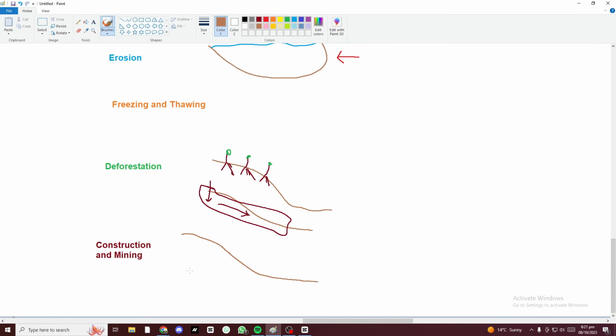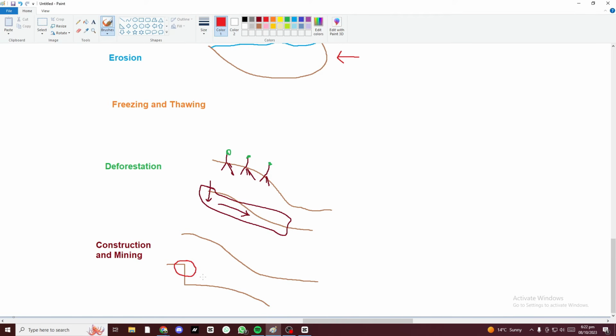Now we've decided to start mining it. So now the slope looks like this. Clearly, this area right here will be prone to mass movement. This is because there are less cohesive forces keeping this ground steady, and the frictional forces have been disturbed.